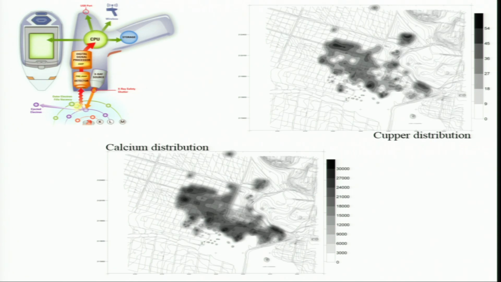And the fact is that it is possible now to take all these pieces of equipment to the field and also make the chemical analysis and see the distribution of elements on the surface of one archaeological site.